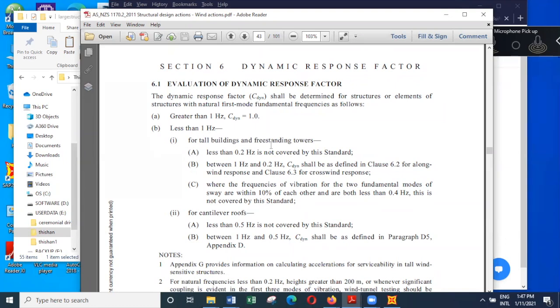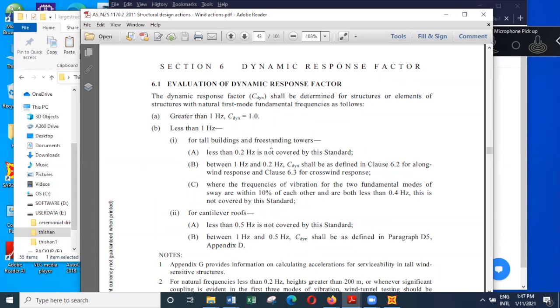Natural frequency less than 0.2 means a natural period of 5 seconds. So 1 over 5 is 0.2, and you will have a natural period of about 5 seconds only for a building having about 40 stories.